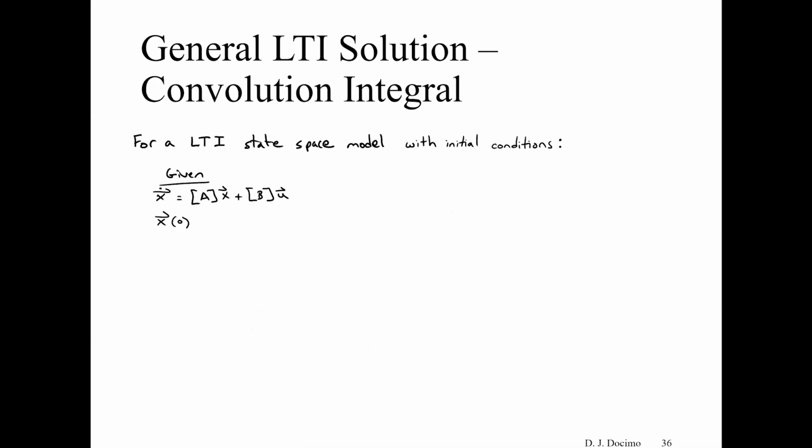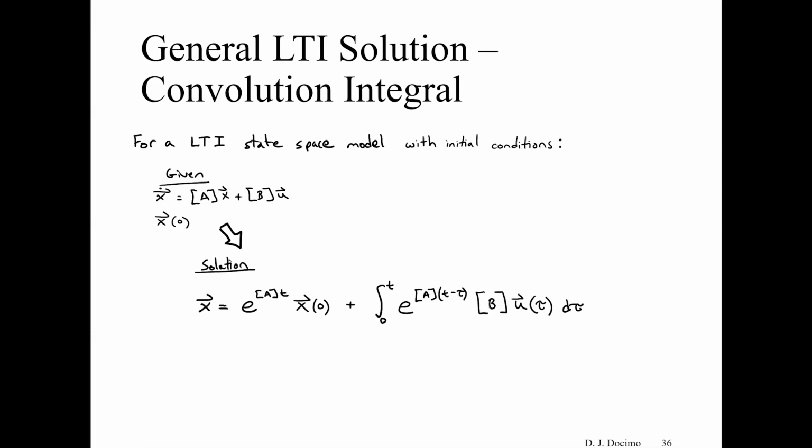So for an LTI state space model with initial conditions, what does the convolution integral give us for our total solution? Well, if we have this linearized system, our linear state space model, our solution for our states with respect to time will be e to the A times t, where A is our state matrix that we had before, times our initial condition vector, plus essentially our forced response, the convolution integral, the integral from 0 to t of e to the A times (t minus tau), times B times u of tau d tau.